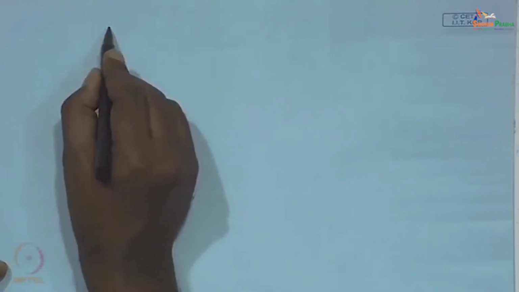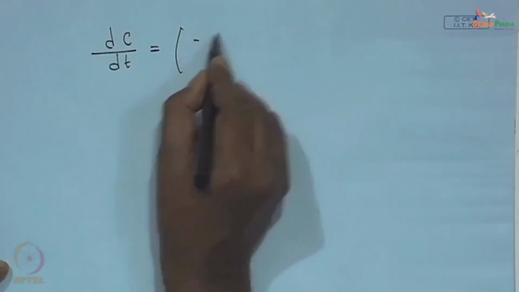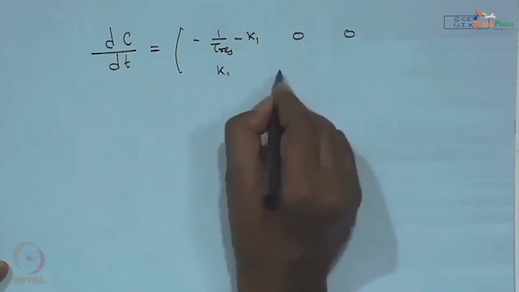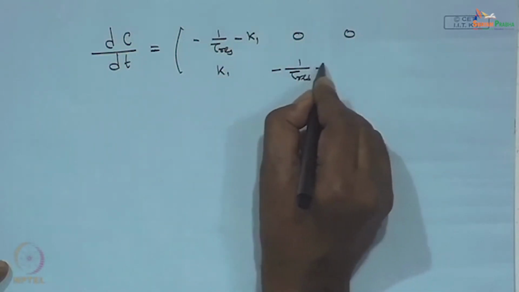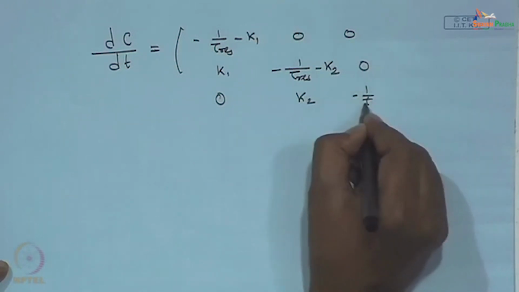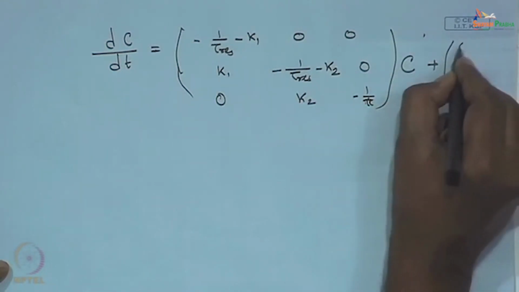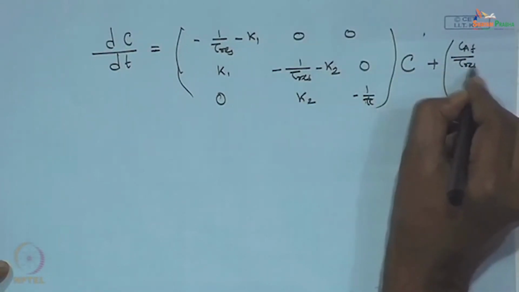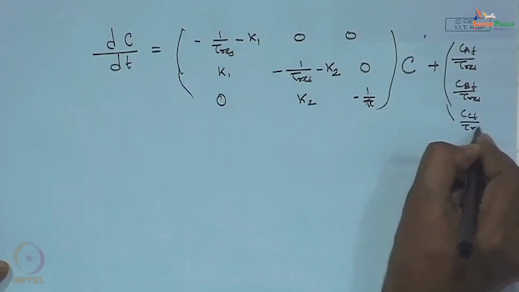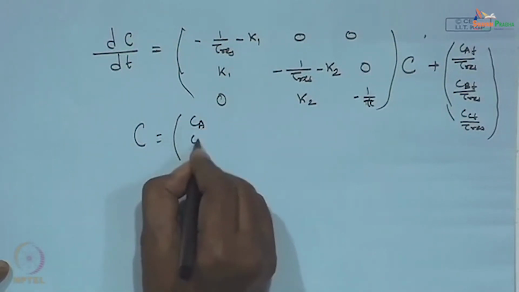So, we can write dC dt in a more compact matrix notation: minus 1 by tau minus K1, 0, 0; K1, minus 1 by tau minus K2, 0; 0, K2, minus 1 by tau; times C plus the vector CAF divided by tau, CBF divided by tau and CCF divided by tau, where the vector C is basically given by CA, CB, CC.